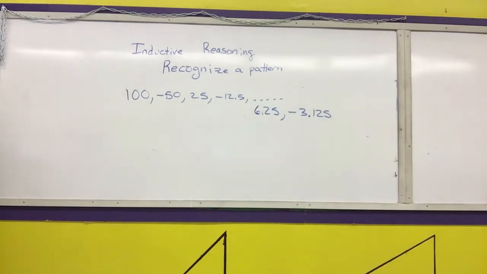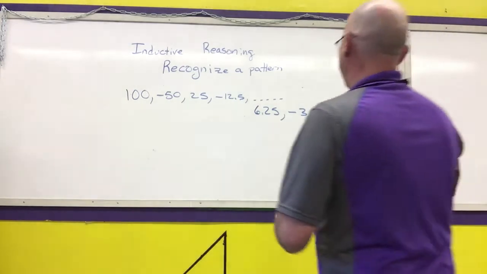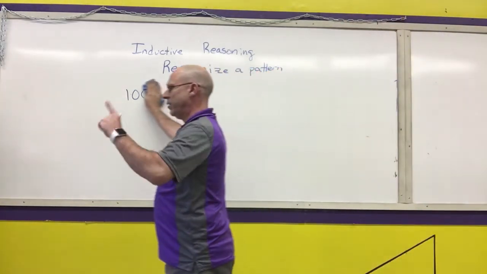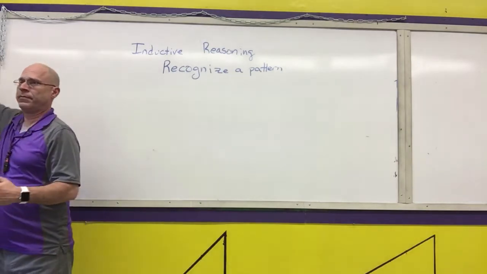So the last thing that we need to discuss today is a counterexample. A counterexample is an example that proves something false. I only need to prove something false one time.